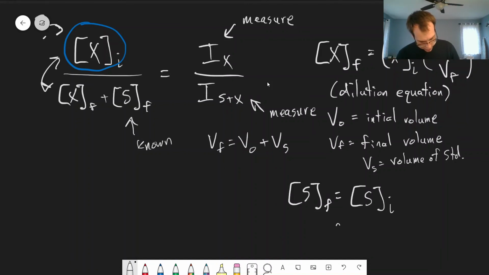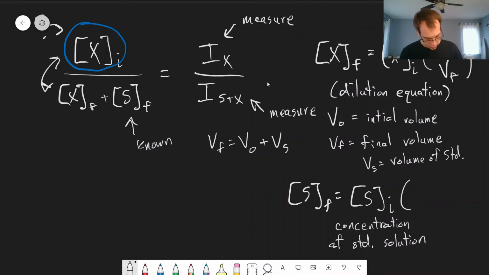This is the concentration of our standard solution, so that's our known quantity, is going to be equal to the concentration times the volume of standard divided by the final volume. Right, so that final standard concentration, again, this is an application of the dilution equation to find the concentration of the standard in the final solution.